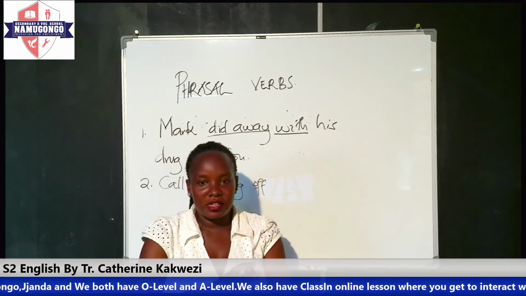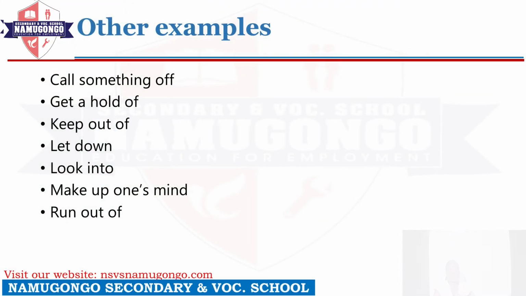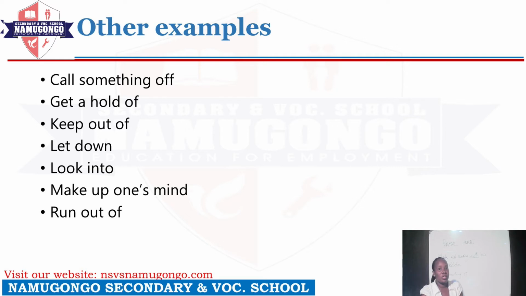Going forward, we have other examples like get a hold of. To get a hold of does not have a surface meaning. To get a hold of is to actually finally get someone that you have been wanting to talk to, or communicate with, for a very long time.